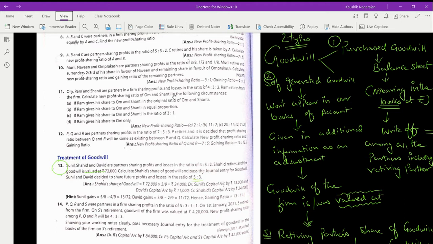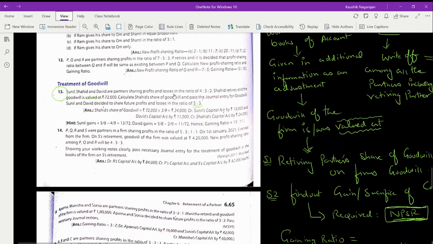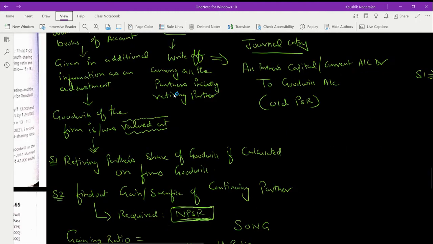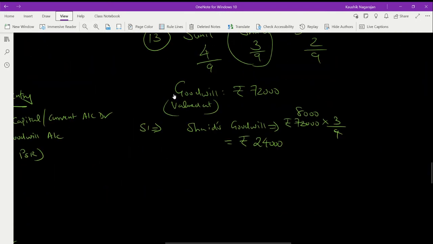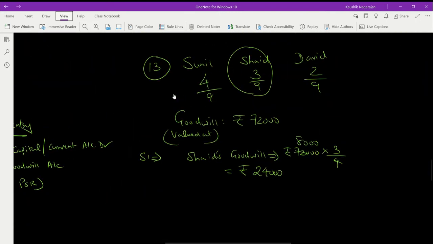As I mentioned, in this type of problem, NPSR is mandatory. NPSR is given, it is 5 is to 3. Now we need to find out who's gaining or who's sacrificing. So step 2. The problem said that NPSR is 5 is to 3 among the partners Sunil and David.